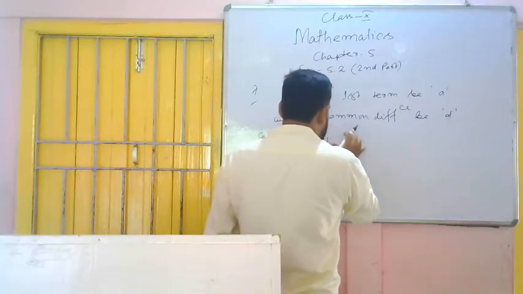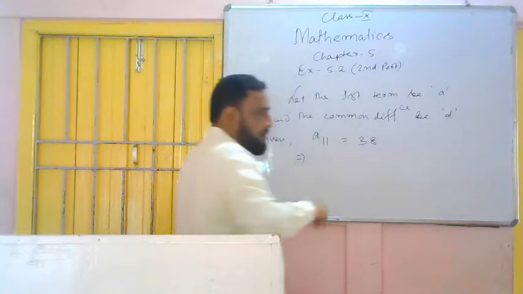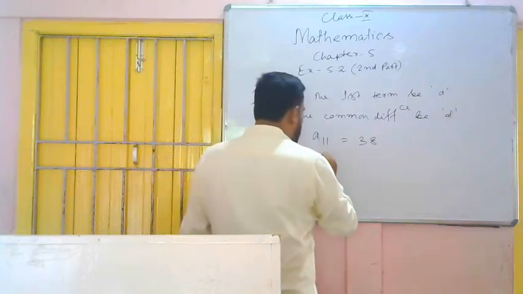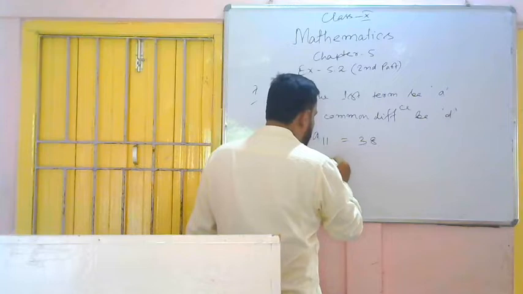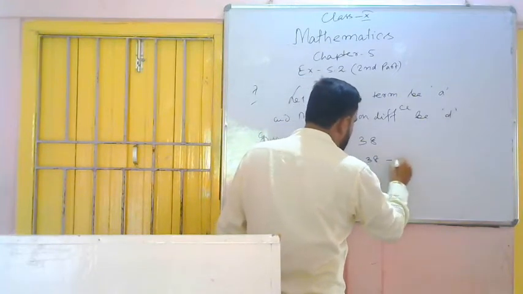A11 is equal to 38 implies, if we write the formula, then A plus 10D is equal to 38.